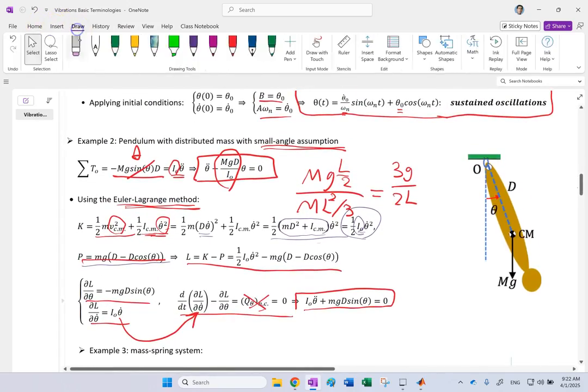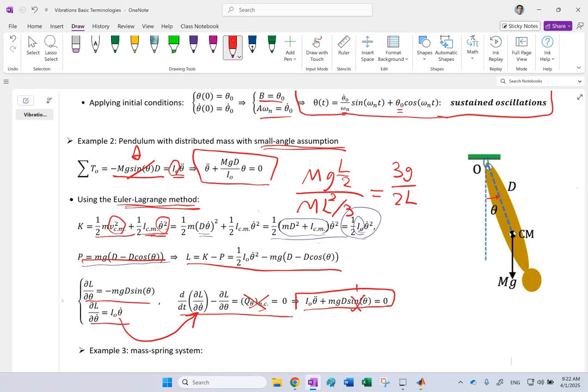If you just go back and look at this one, you see these two are the exact same thing. All you need is to divide both sides by I naught. And in this case, of course, replace sine theta by theta because you assume the angle is small. So clearly you get the same equation.